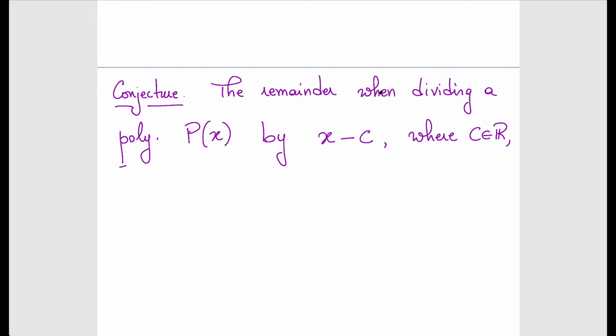So the remainder when dividing is p of that c.